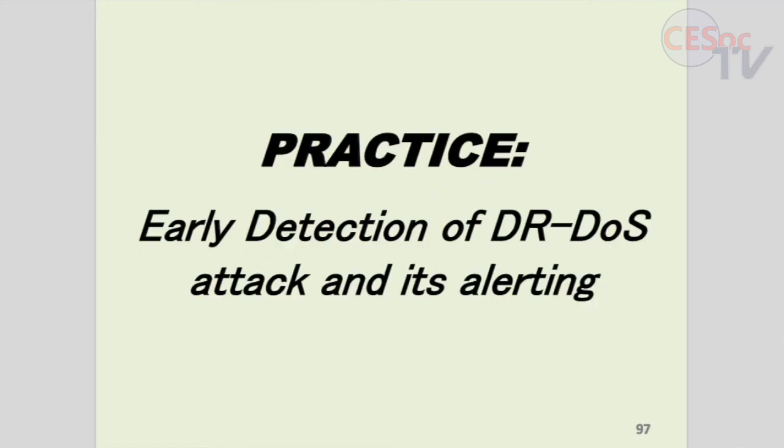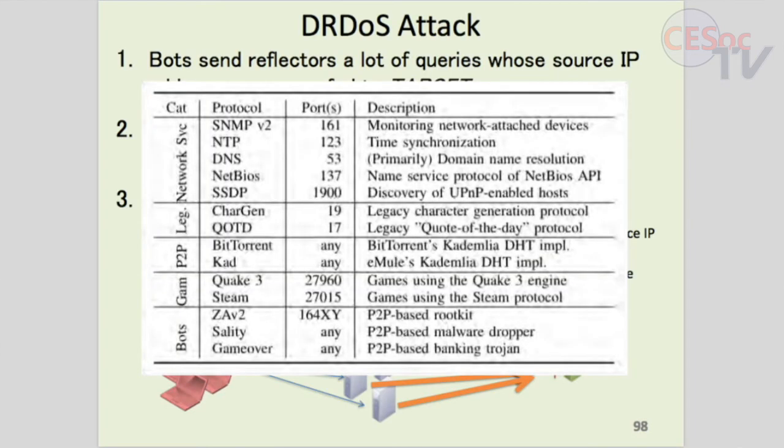This is one of our projects, early detection of DDoS attacking. It's alerting. You may know DDoS attacks: the attacker sends to a reflector, which is DNS or NTP, etc., a lot of queries whose source IP addresses are spoofed to the target.